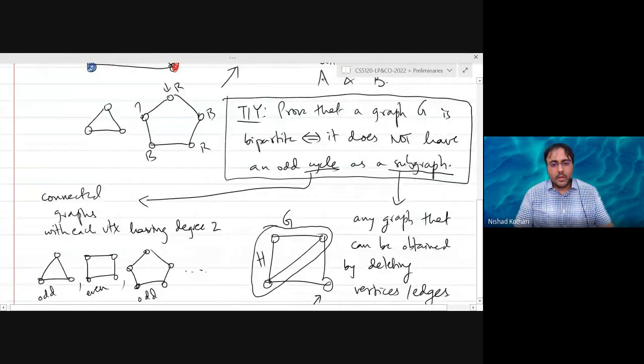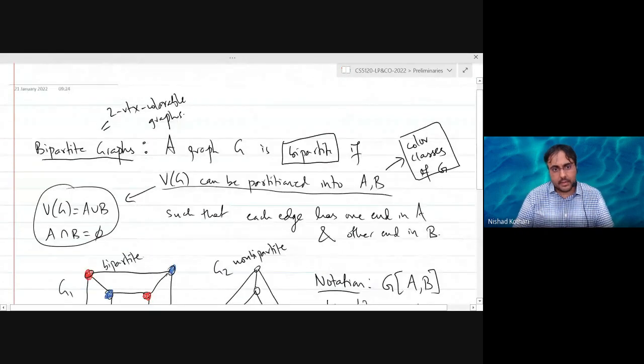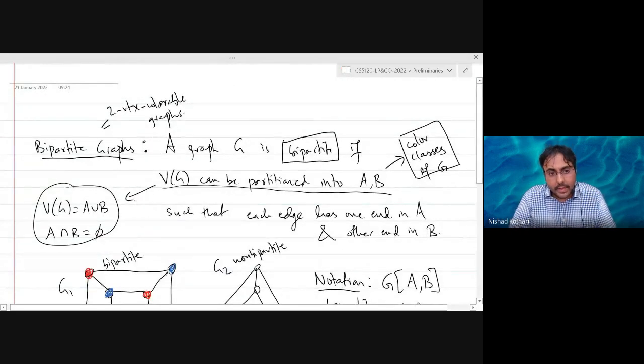So why are we talking about bipartite graphs? Well, it turns out that in various areas of graph theory and combinatorial optimization, especially in matchings, bipartite problems turn out to be significantly easier than general problems.